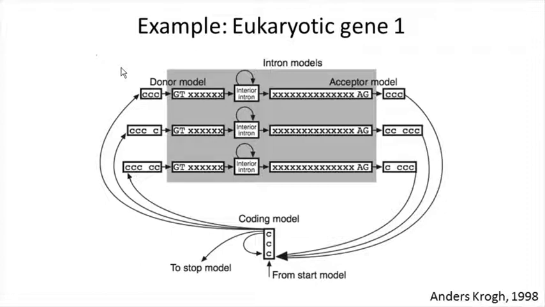And this is the coding region. The start codon should be here. It enters the codon region, and it may have 3 paths to enter the introns, and then go back to the exons. And when the model is in the exons, there are some probabilities to go to the stop codon.